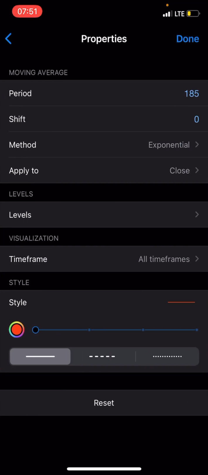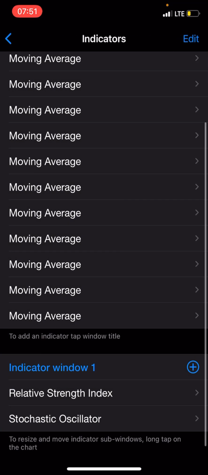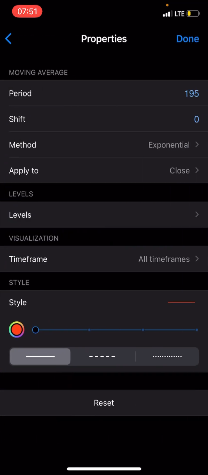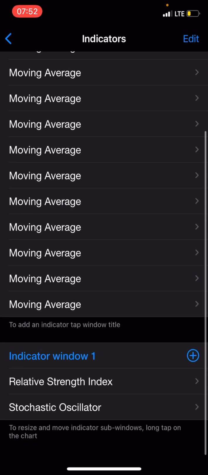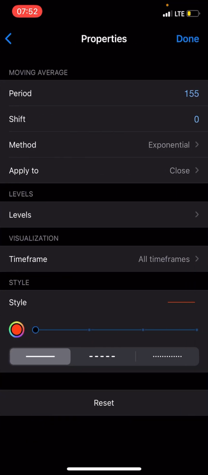The 10th is 185. The 11th is 195. And this one right here is 155.